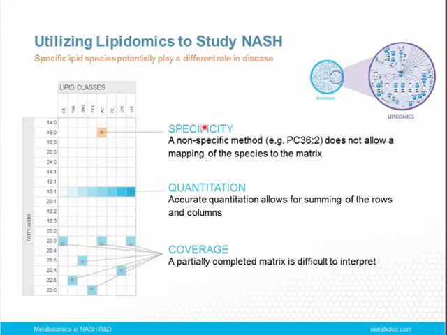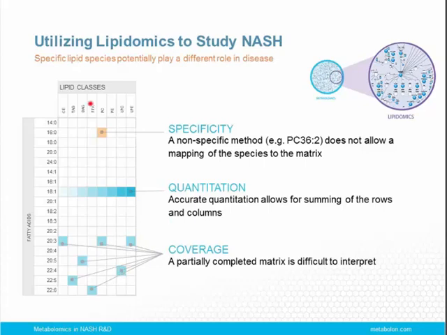I mentioned specificity. You'll know the absolute value of 16:0 in the PC lipid class. In addition, accurate quantitation utilizing a battery of standards allows us to sum not only rows but columns to, in fact, find total sums of lipid species.